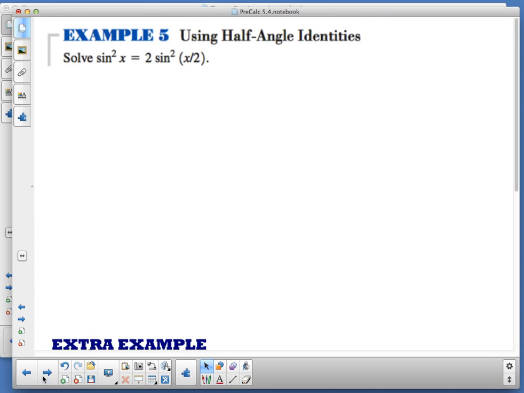Using half angle identities, solve. Gosh, that was even faster than I thought. All solutions here. So using the half angle, I look at my sheet and I look at 2 sine squared x, but really it's sine squared x.